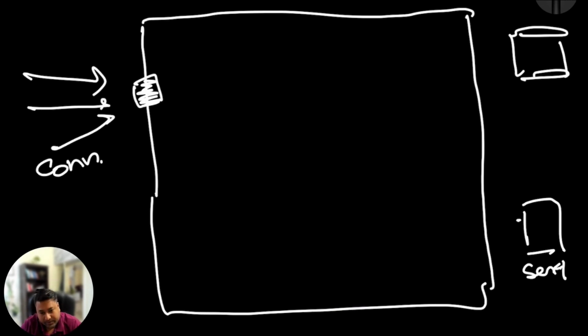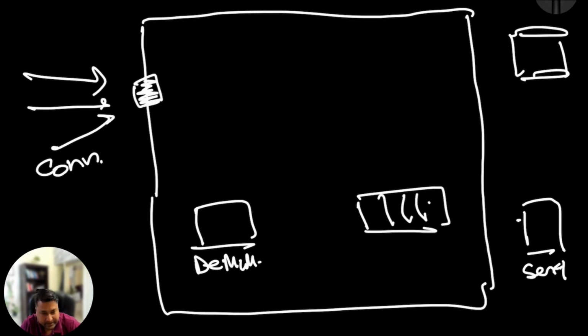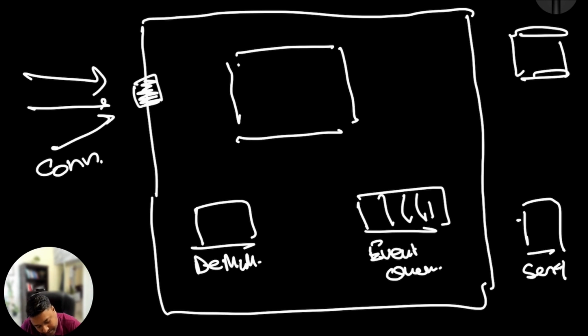So the basic part is this is your demultiplexer, sorry, and this is your event queue. All right, and then here you have, let's say, your event loop.